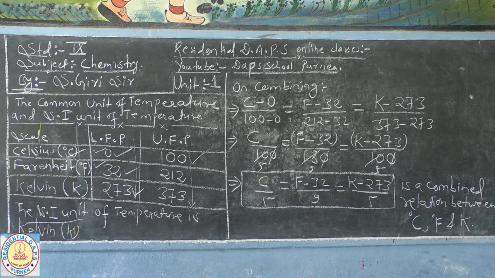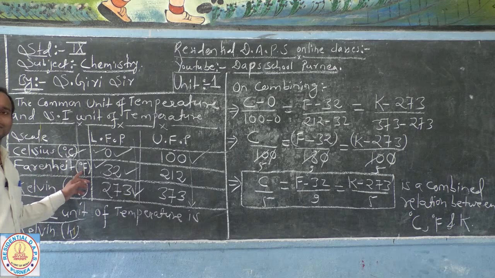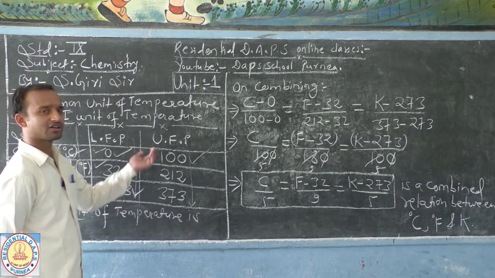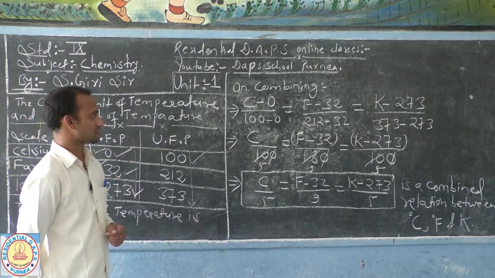Rather you have to write Kelvin, K, is the SI unit of temperature. Got the point? Degree Celsius and degree Fahrenheit are the general or common units of temperature.